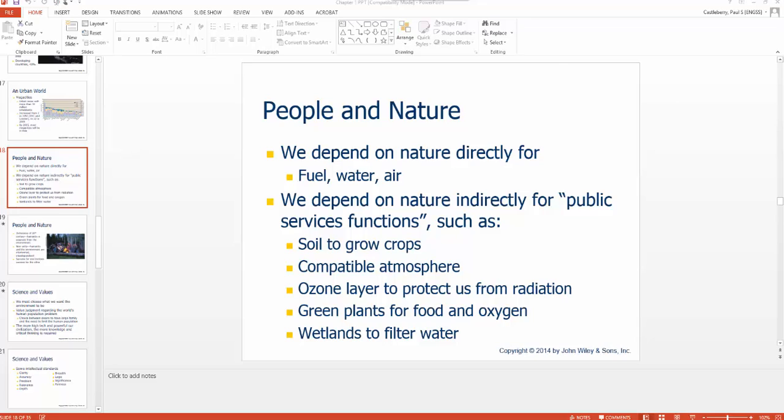I talked about that just a moment ago, the exchange of CO2 and oxygen with plants, and then wetlands to help filter water. So there, you can probably think of other examples where we depend upon nature as well.